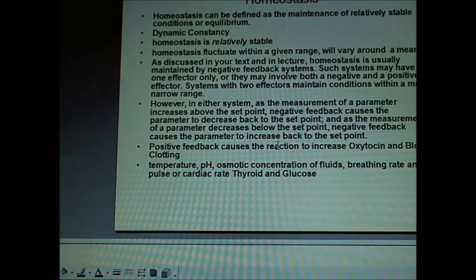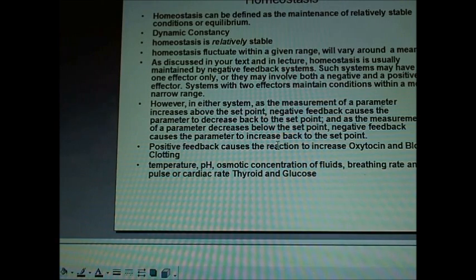Positive feedback is if something is going abnormal, then the reaction is to push it further into the abnormal. There are two systems in the body that do this, though ultimately they end up with a negative feedback, or else it would be simply a runaway reaction. Those are the secretion of oxytocin during labor, and the blood clotting system, or the coagulation cascade.